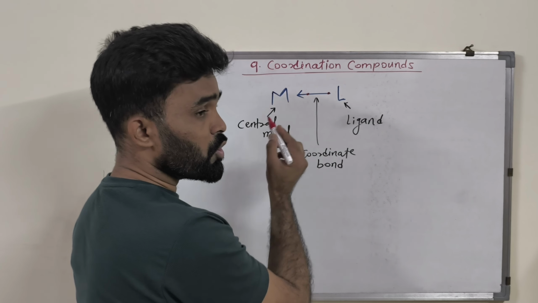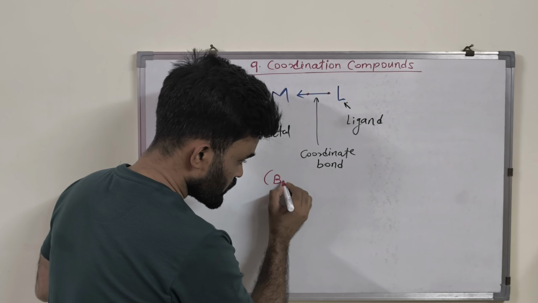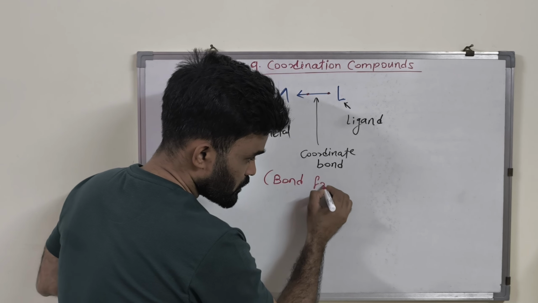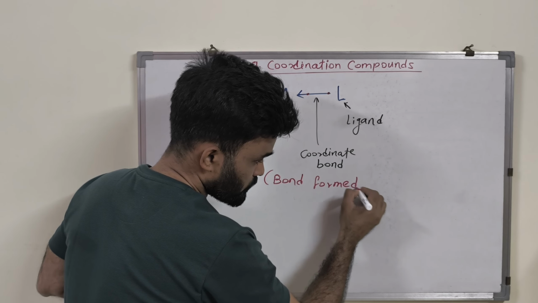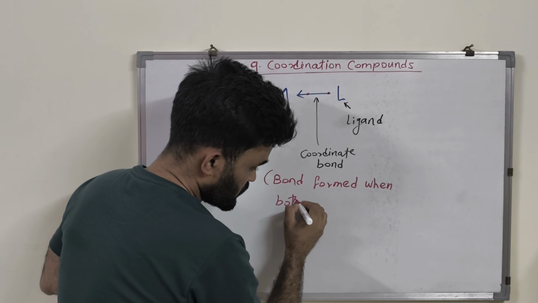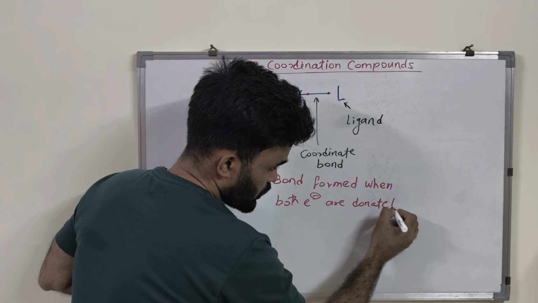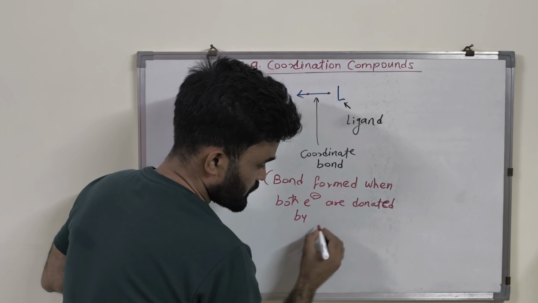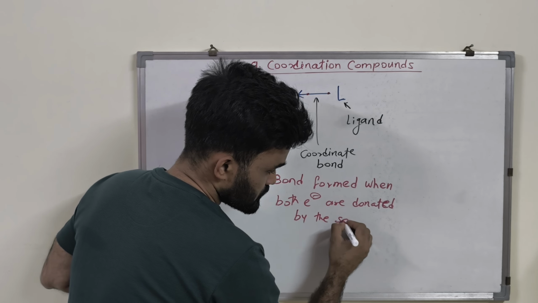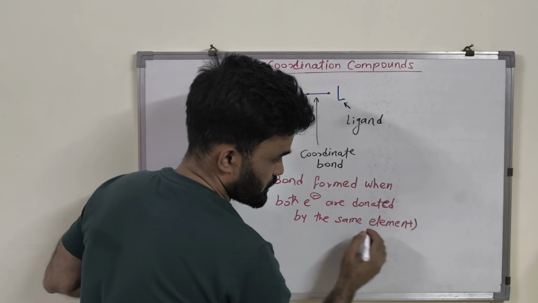So we call it coordinate bond. What is coordinate bond? Bond formed when both electrons are donated or given by the same element or same atom.